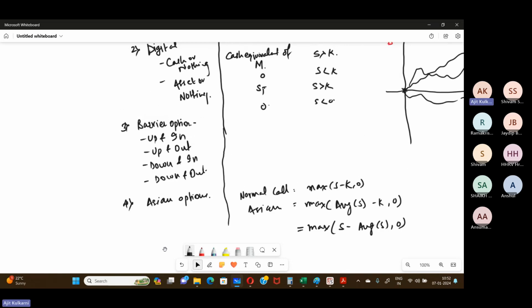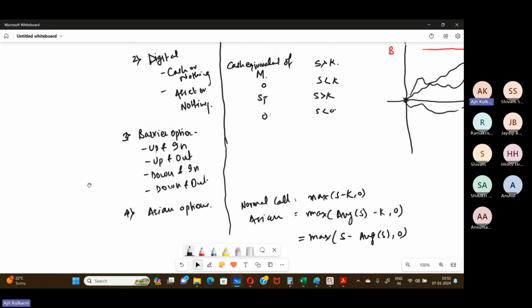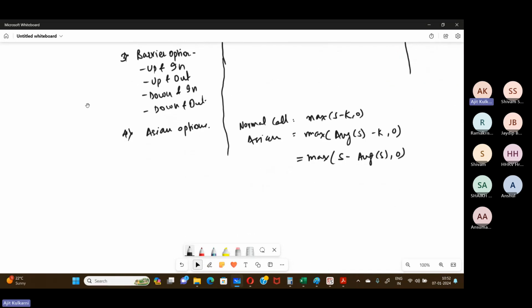Then you have compound options. So this is essentially an option on an option.